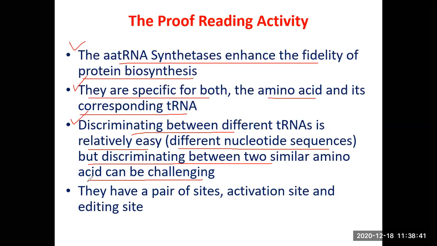But it does it, and what has been found is that these enzymes have a pair of sites. Besides the activation site, the reaction that we have seen in the previous slides, they have an editing site. With the help of this complementary site, the enzymes are capable of discriminating between even very closely resembling amino acids.